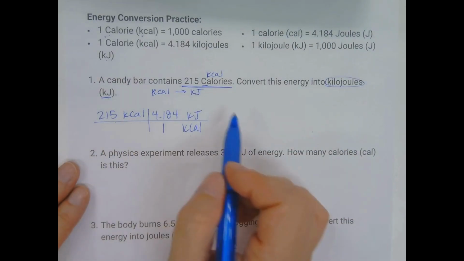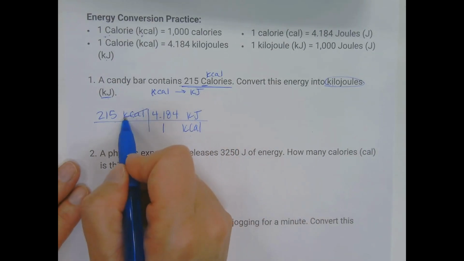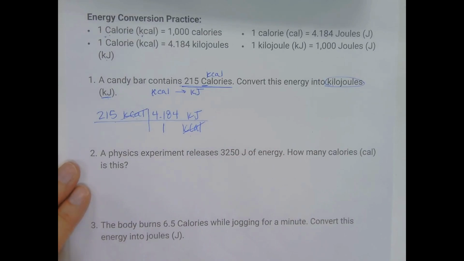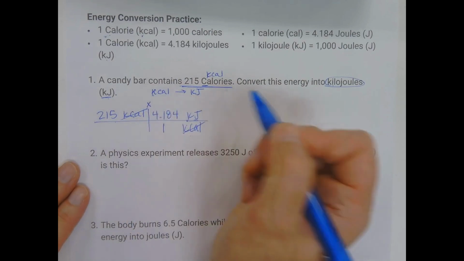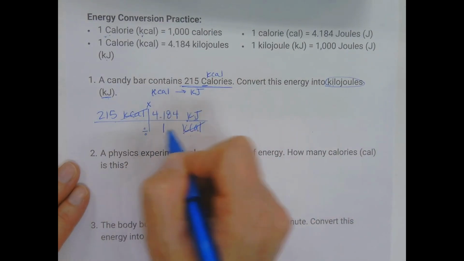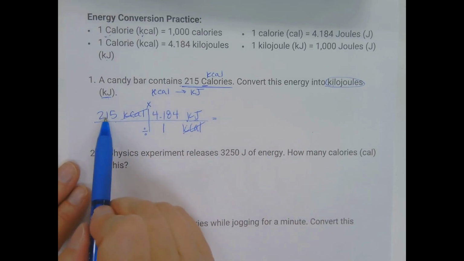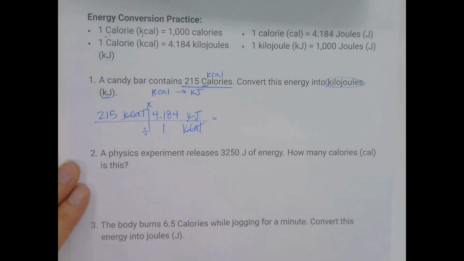So now that I have everything in place, I'm going to solve. Kilocalories cancel. So my answer is in kilojoules, just like I want. And then I'm going to multiply across the top and divide across the bottom because this is a fraction. These are numerators and this is a denominator.